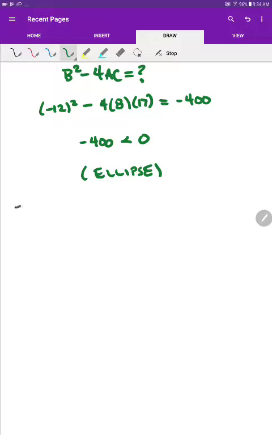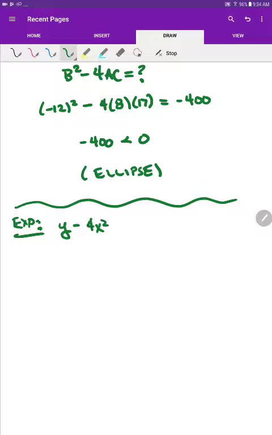Let's do one more. Suppose we have y squared minus 4x squared minus 4y minus 8x minus 4 equals 0.